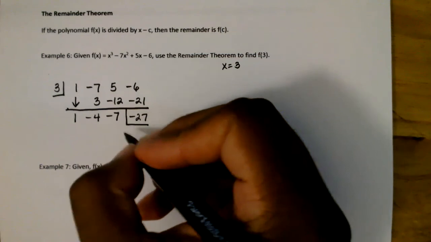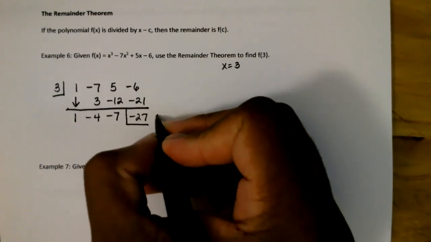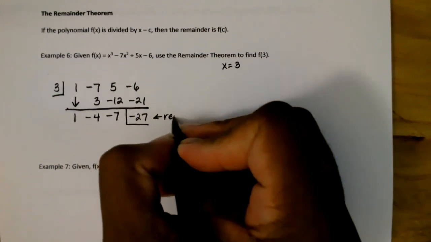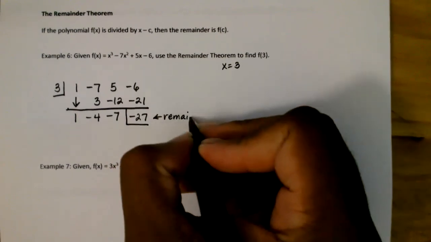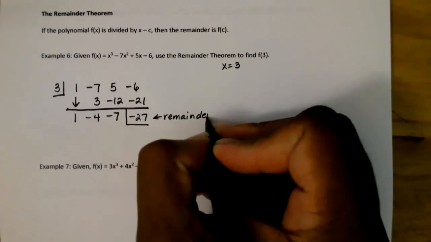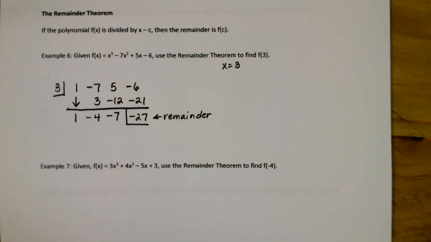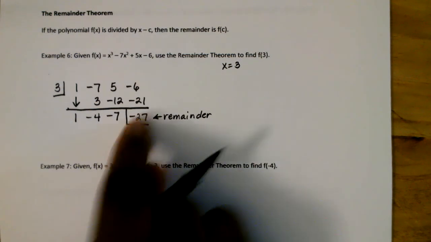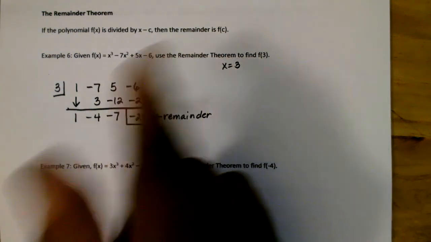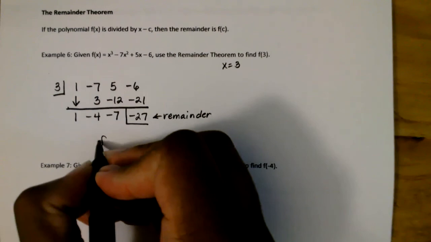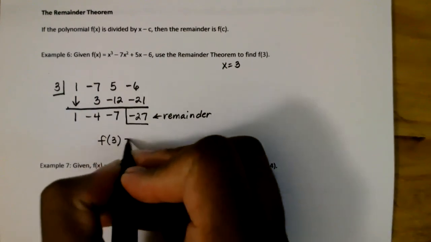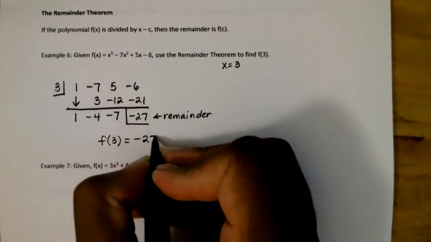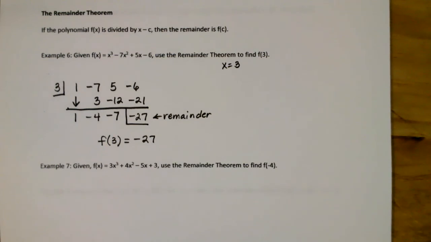Okay, so this number that's in the box, the last number in the last row, is your remainder. And not only that, that remainder represents the value of the function when x is equal to 3. So we can say that f of 3 equals -27.